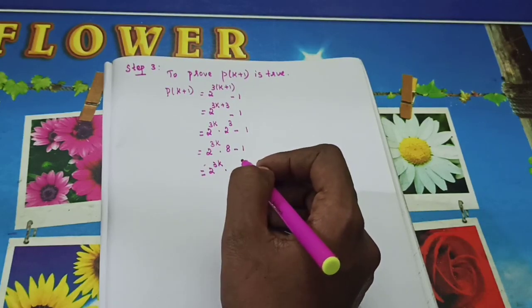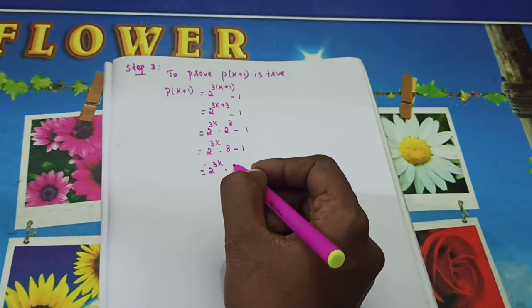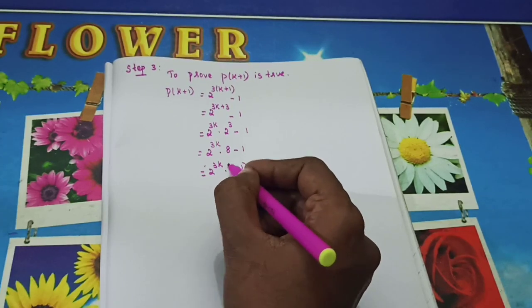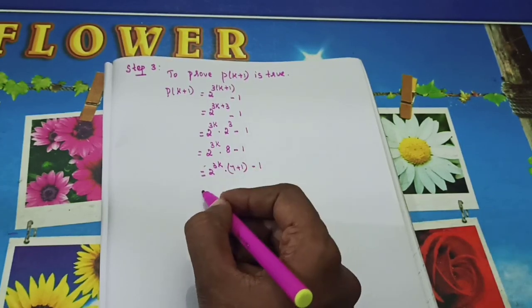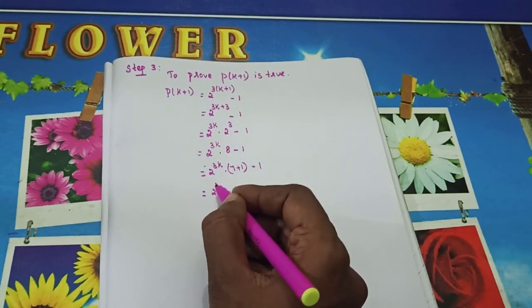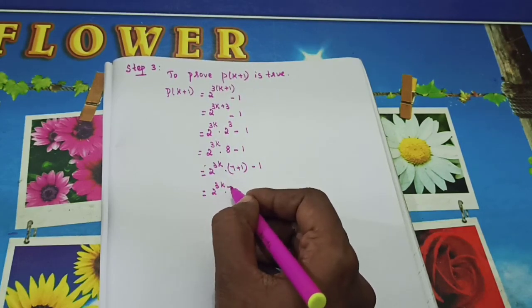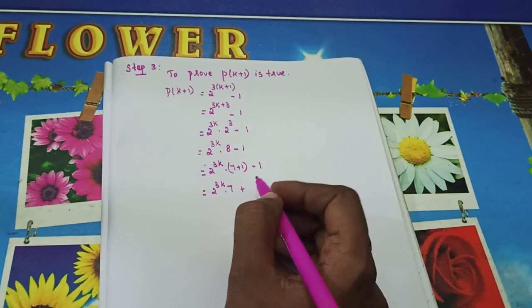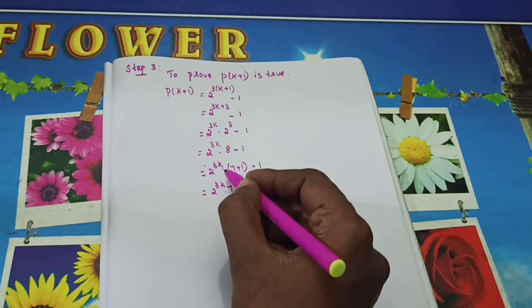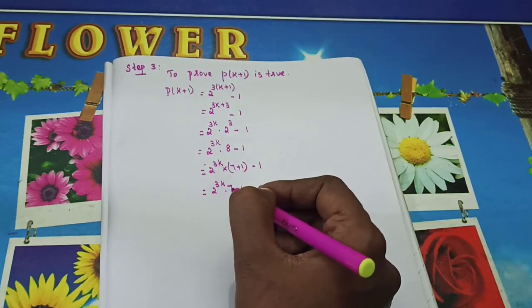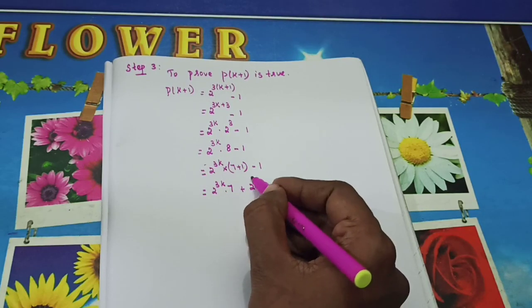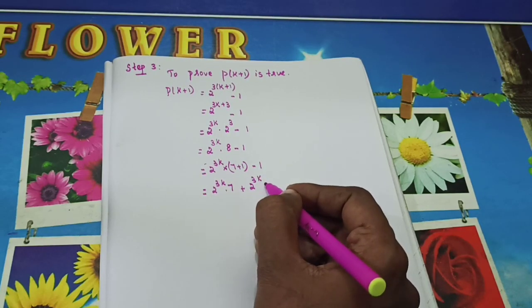We need to prove that a particular number is divisible by 7, so I am splitting 8 as 7 plus 1, minus 1. That is 2 power 3k into 7 plus 2 power 3k into 1, minus 1.